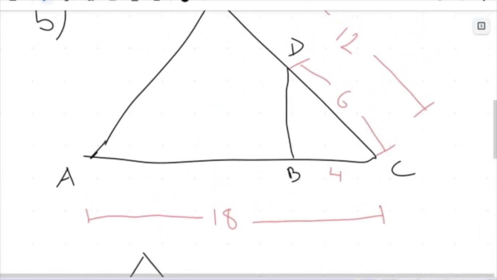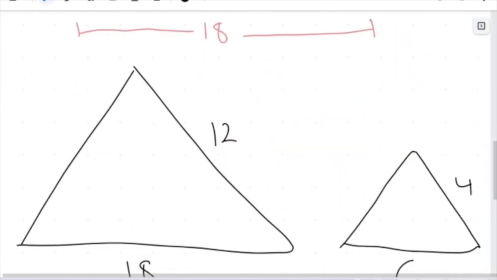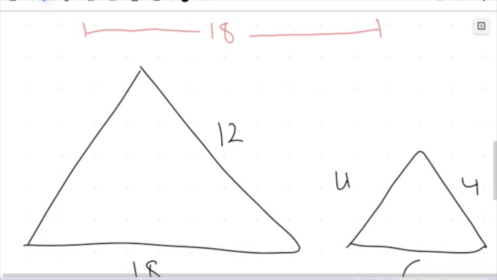Hopefully you can visualize that: if we rotate this a certain amount, my 6 is eventually going to be on the horizontal surface, and then my 4 will end up over here, but now I've just reflected it so the 4 corresponds to the 12 here.